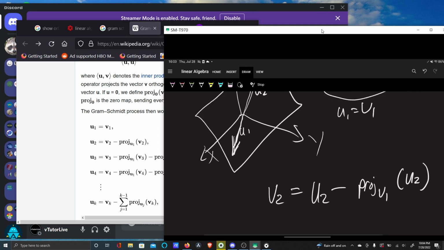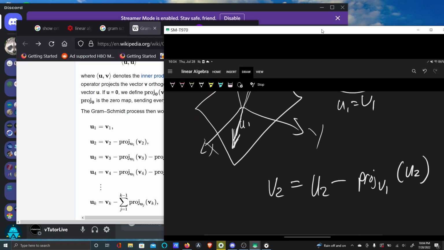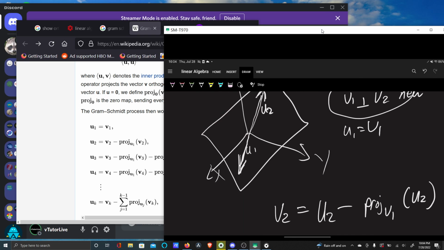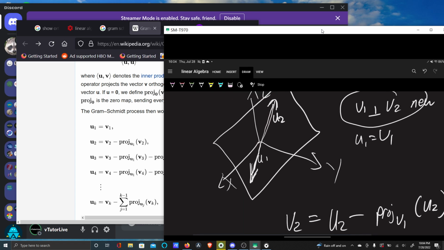So let me try to explore a little bit about why this works, right? Can you imagine these two? Let's say that U1 and U2 are not perfectly parallel or orthogonal to each other. They're kind of askew a bit.